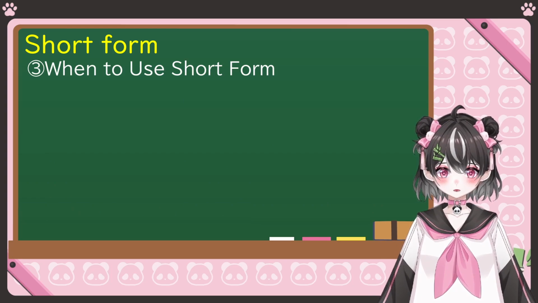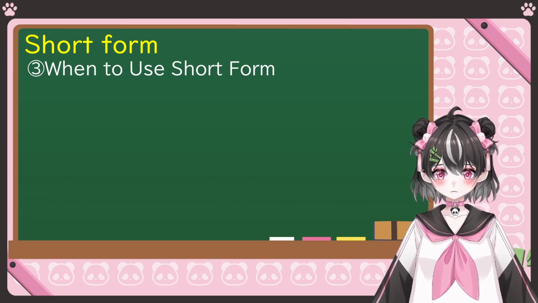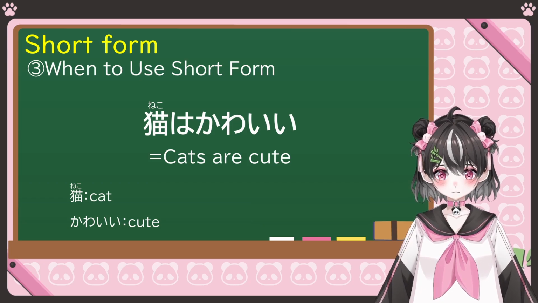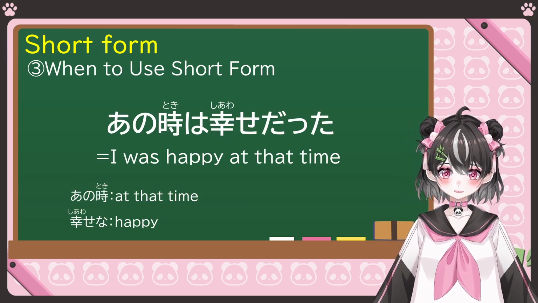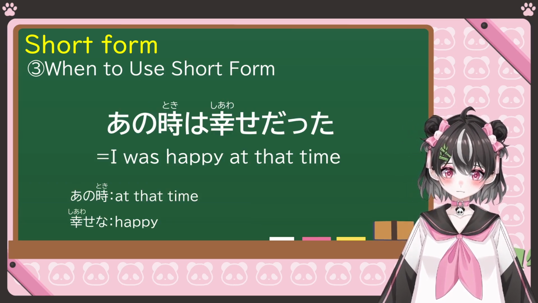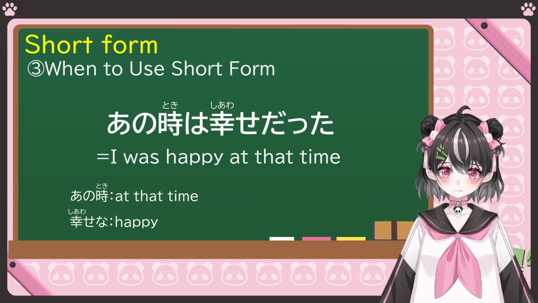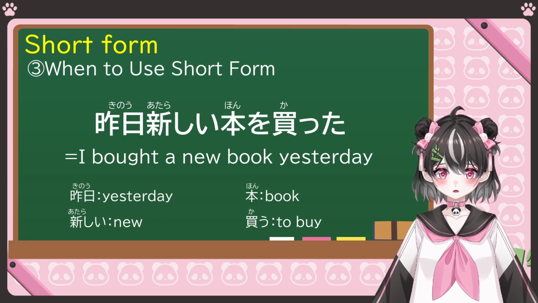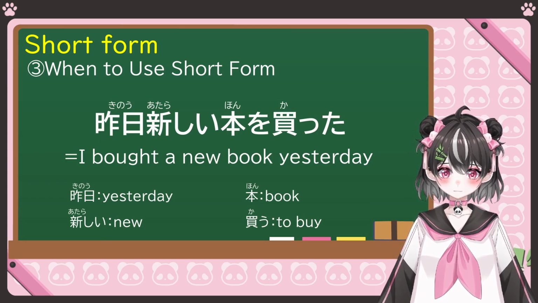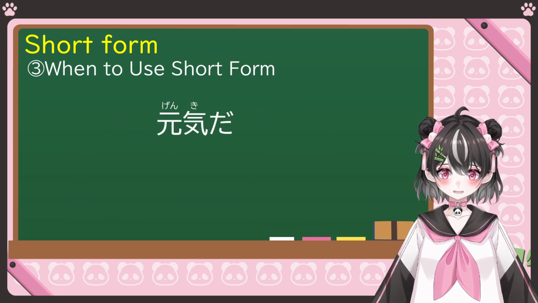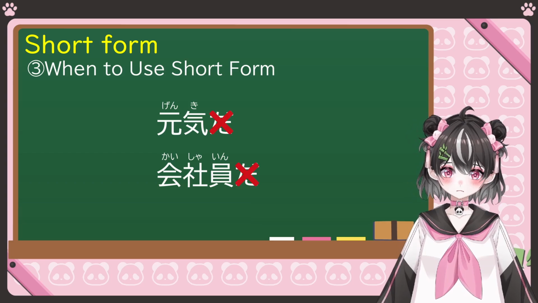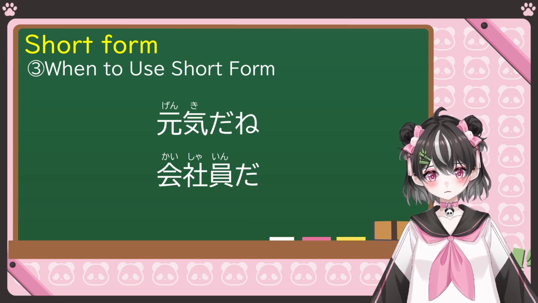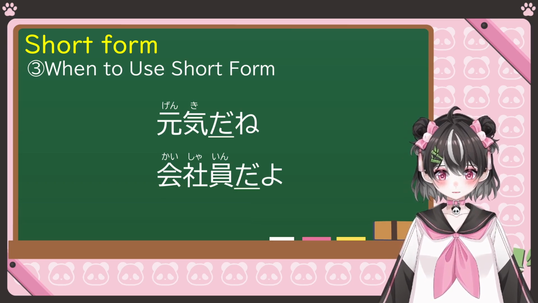Okay, now let's look at some example sentences. 猫はかわいい。あの時は幸せだった。昨日新しい本を買った。In the present affirmative form of na adjectives and nouns, people often drop da. But when the sentence ends with ne or yo, you keep it.